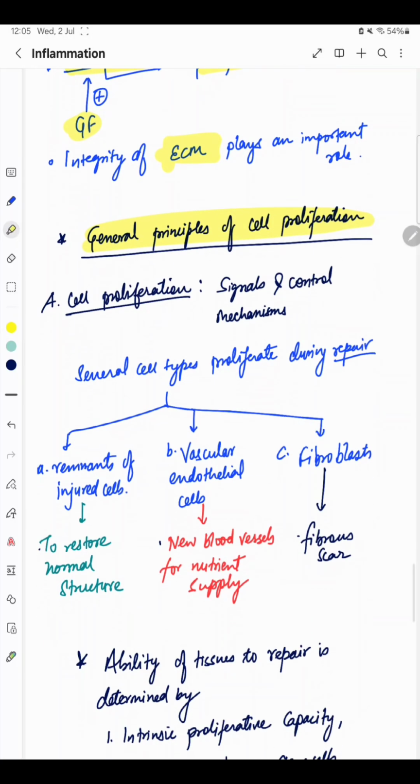In cell proliferation there is a mechanism of signals and control.